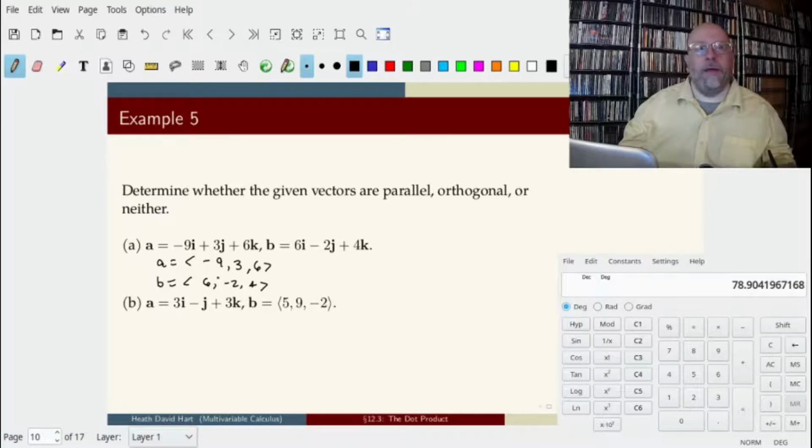And they are not exact multiples of each other because this 6 and this 9 have opposite signs, and these coordinates have opposite signs, but these coordinates have the same sign.